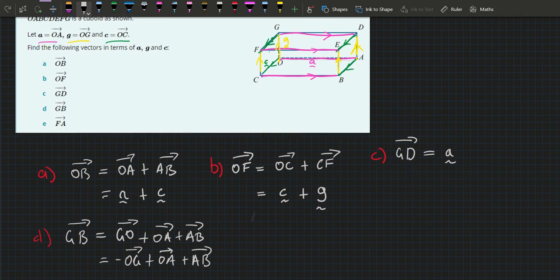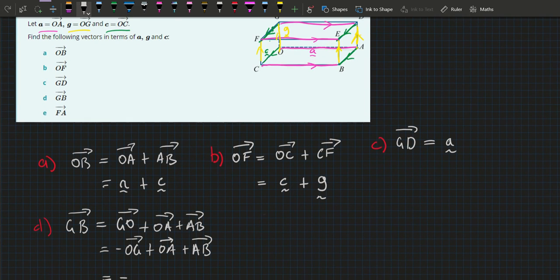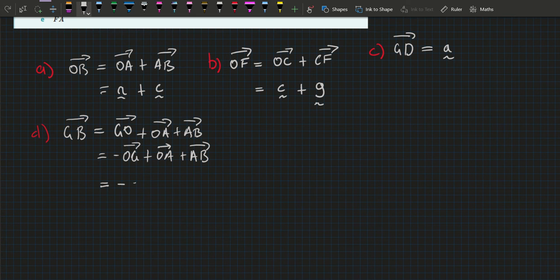And so that is minus G plus A plus C. Minus, what was O to G? G, and OA plus AB we've already done over here. It's A plus C. So minus G plus A plus C.